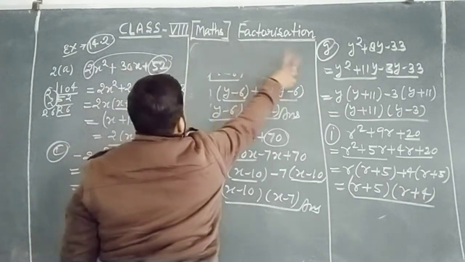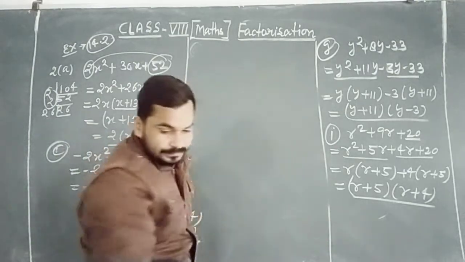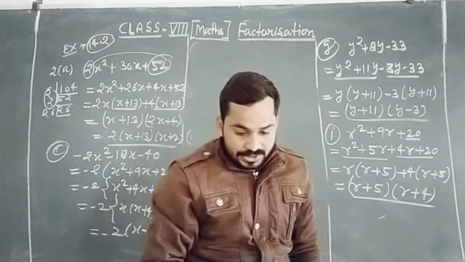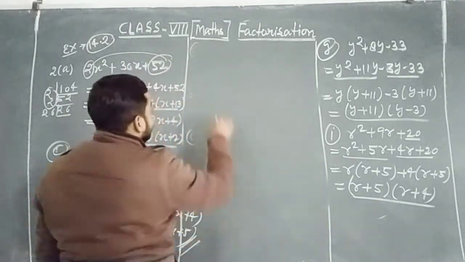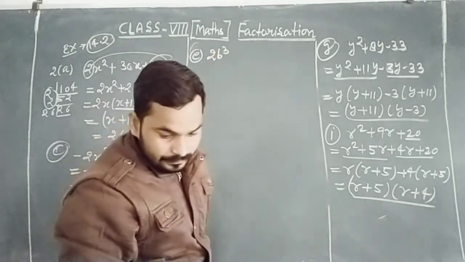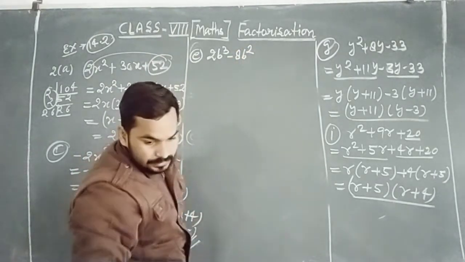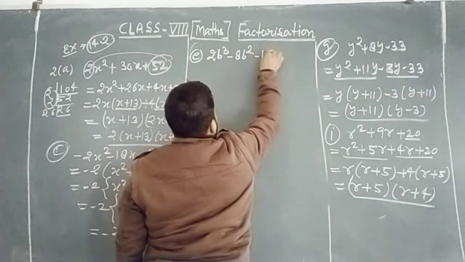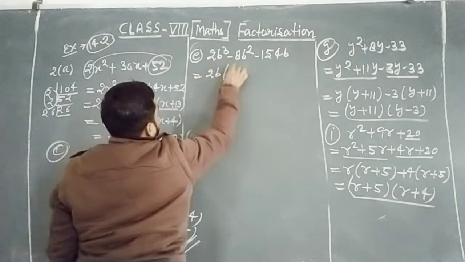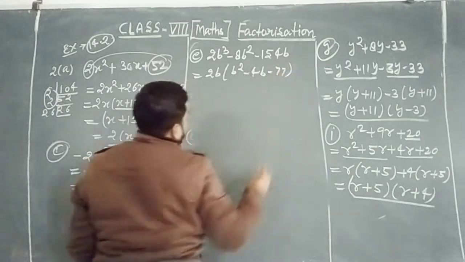Now the next part, take the E part: 2b cube minus 8b square minus 154b. 2b is common, b square minus 4b minus 77.